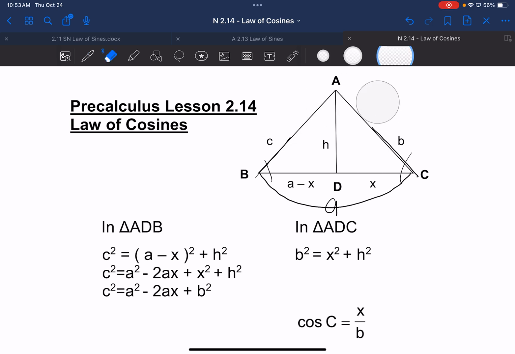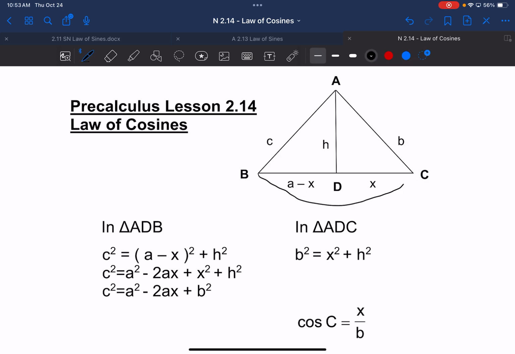Okay, all right. So we've got all of our pieces labeled, just reminding us that this whole side here would be A. All right, so it says in triangle ADB. So triangle ADB would be this one over here, right?